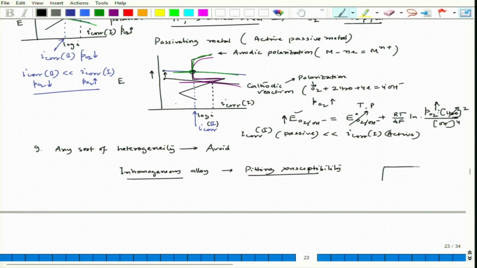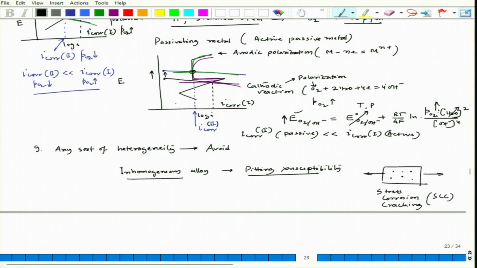If you see this particular plate, those inhomogeneous points can lead to pitting, and if there is tensile component, it can lead to stress corrosion cracking, or SCC.